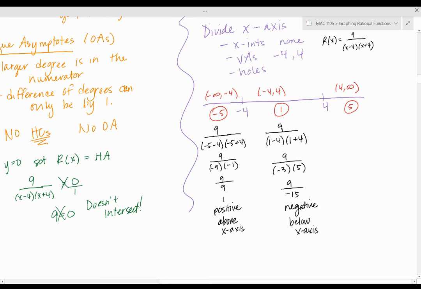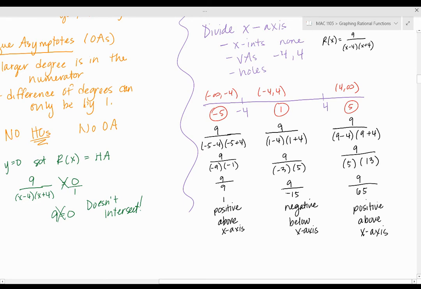Okay, try the last one. That would be 9 over 50 and 15, 65. So for this last interval, that's positive, which means that I'm above the x-axis.